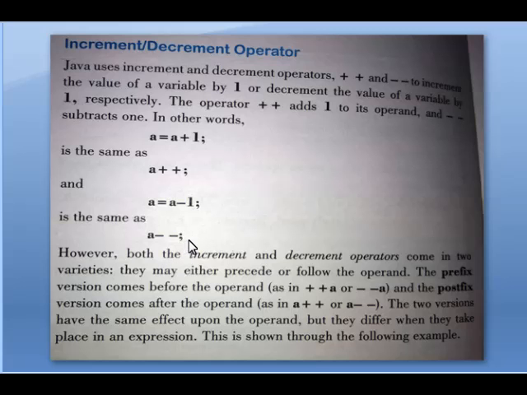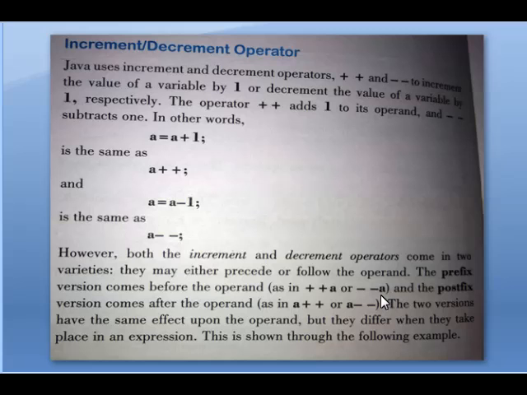However, both the increment and decrement operators come in two varieties. They may either precede or follow the operand. The prefix version comes before the operand. Prefix means we are writing the operator before the operand, that is plus plus a or minus minus a.